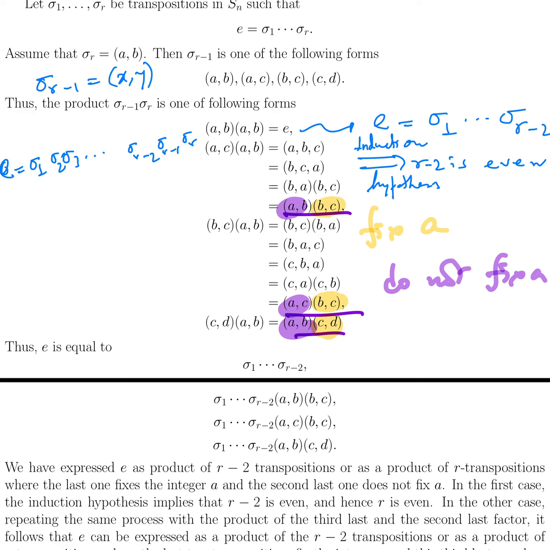The point is that the transposition that does not fix A, this violet one, was towards the end, right? Because sigma r was not fixing A, and now you have made the last one something which fixes A, whereas we have made sure that the second last one does not fix A. And now you can apply the same trick to the second last and the third last one, that is to the product of the last two.